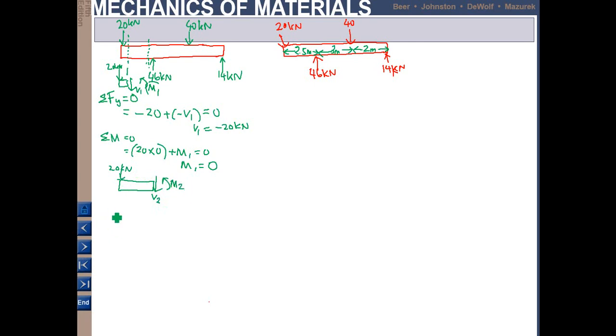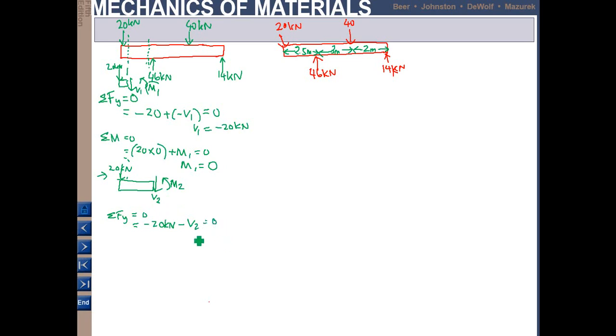So the summation of all forces in the y direction should be equal to 0. So this is a minus 20 kilonewton because this one is going downward. Minus 20 kilonewton, also plus minus V2, because the direction is going downward.